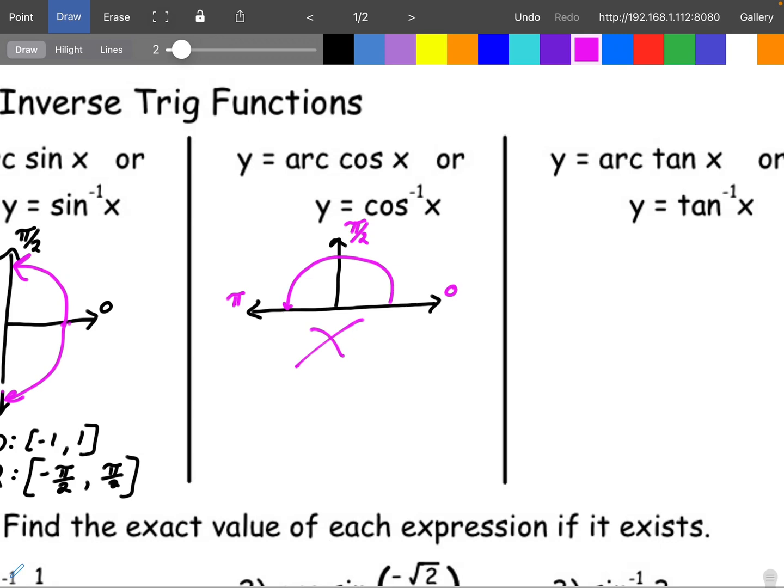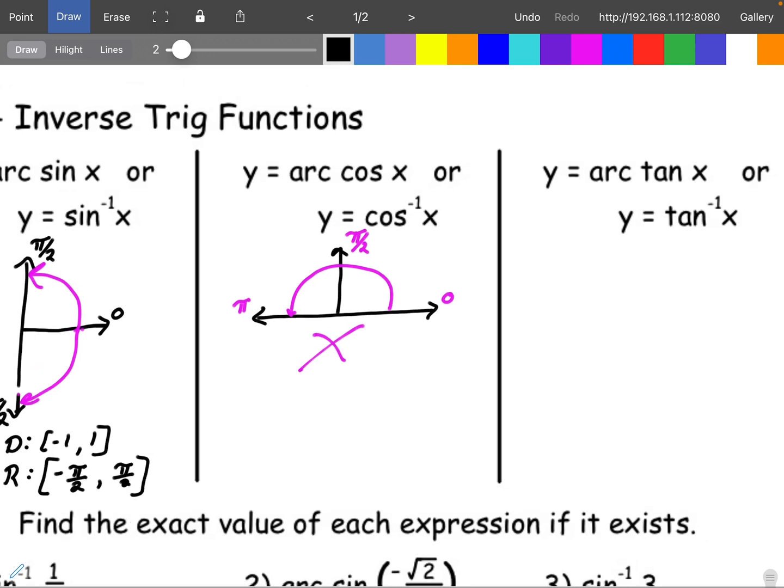We know that the domain could be anything, negative infinity to positive infinity. The range, however, for our basic cosine function went from -1 to +1. The lowest it went was -1, the highest it went was +1, which tells me that for my inverse cosine or arc cosine, those are going to be reversed.